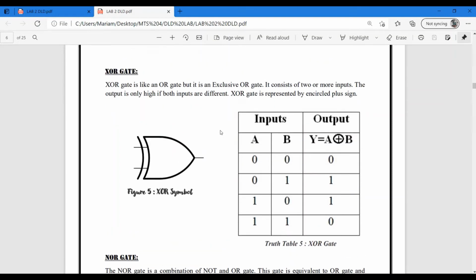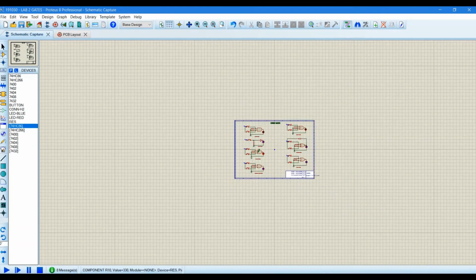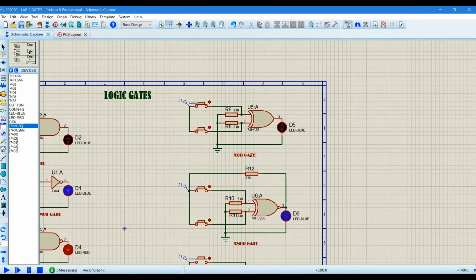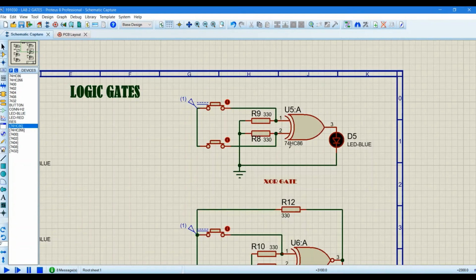So the basic operation of the XOR gate is that when only one input is high, the output is at high state. Otherwise, if both inputs are at low state or both at high state, or further we can say that when both inputs are at equal state, the output is at low state, or in short, the LED is off.